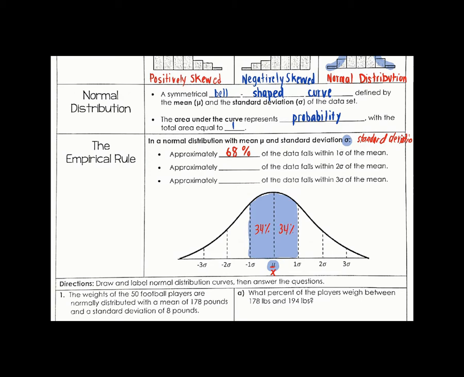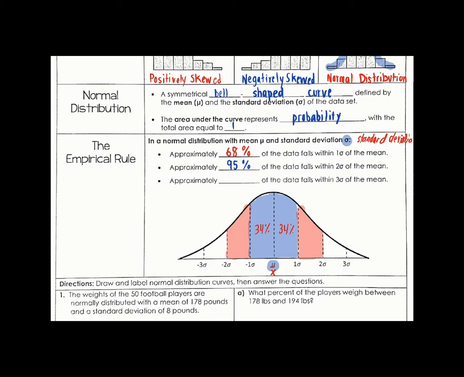Okay? Now, the next group, if you look down at the bottom, includes two standard deviations away from the mean. So this next little area here, here's how you calculate this. How much of my data lies two standard deviations away from the mean? 95%. 95% of your data lies two standard deviations from the mean.